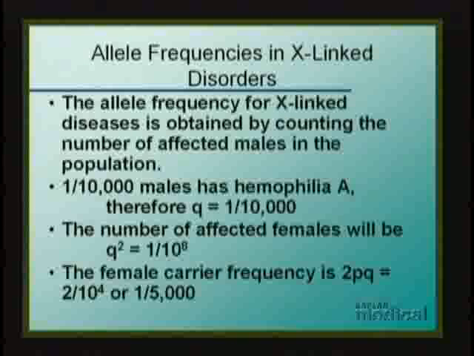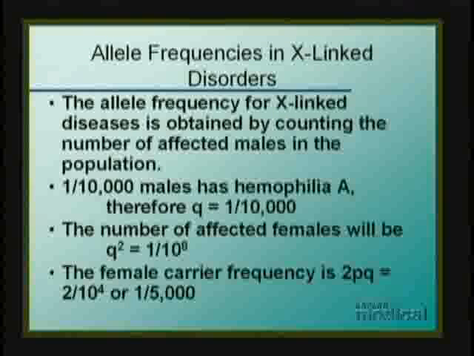The Hardy-Weinberg equation only applies when an individual or a population has 2 copies of each gene. And that's true for the vast majority of the autosomal diseases, because all individuals have 2 copies of the autosomes.